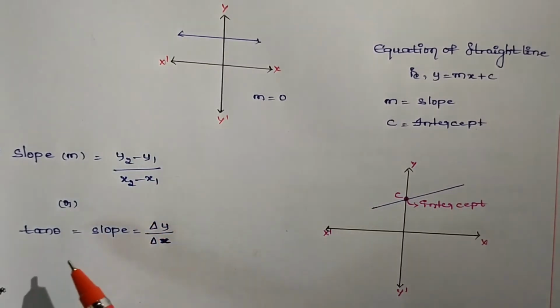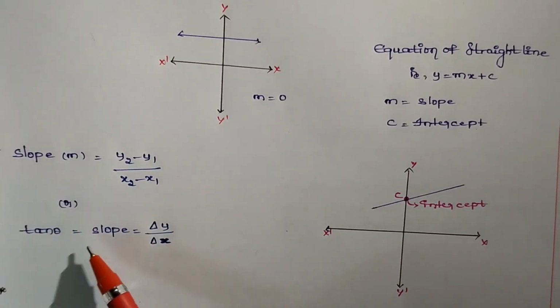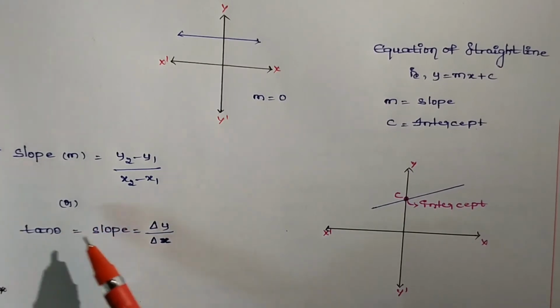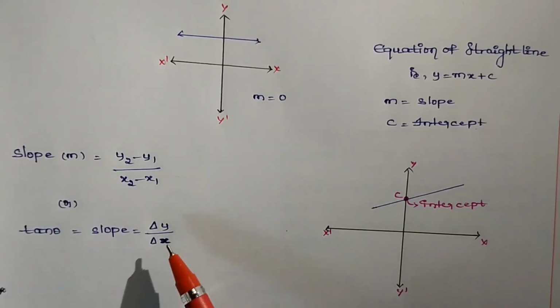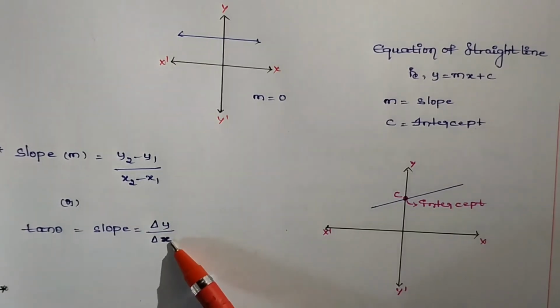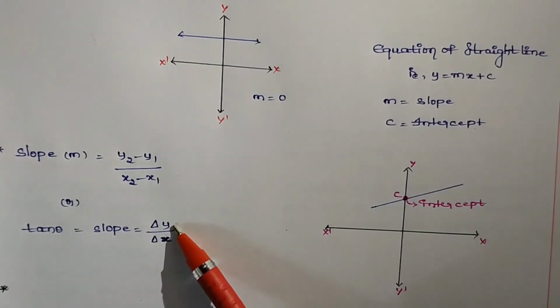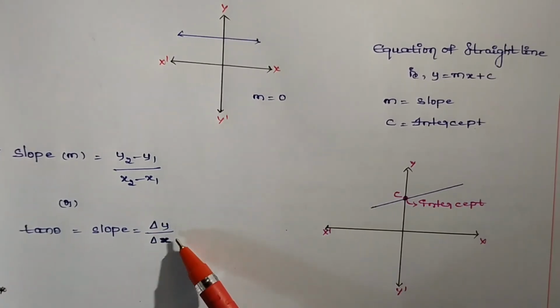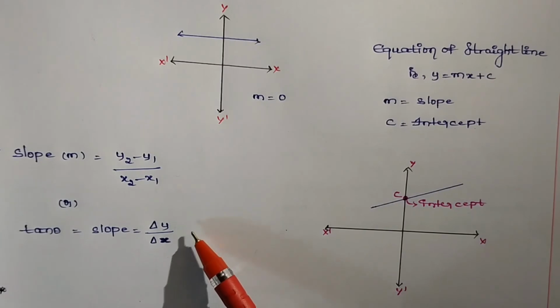And another formula is tan theta is equal to slope, which is nothing but change in y by change in x. If we take position here and time here, change in position is nothing but displacement, and displacement by time is nothing but velocity.